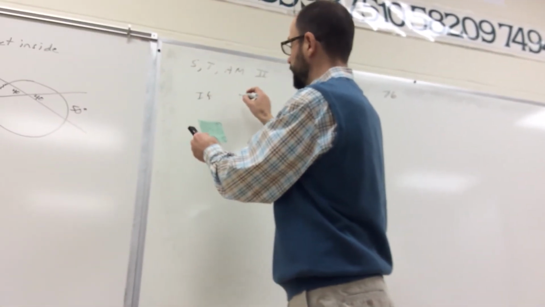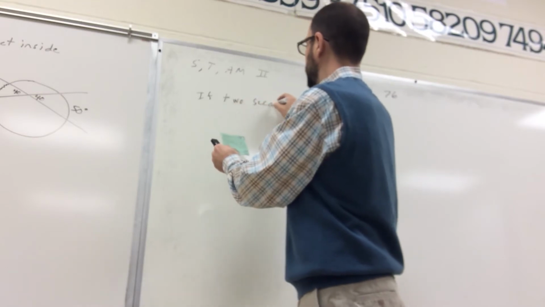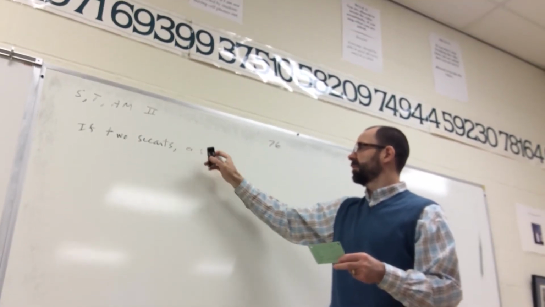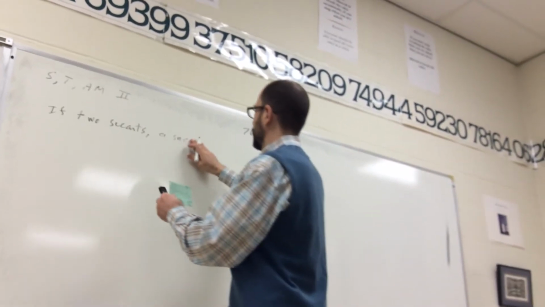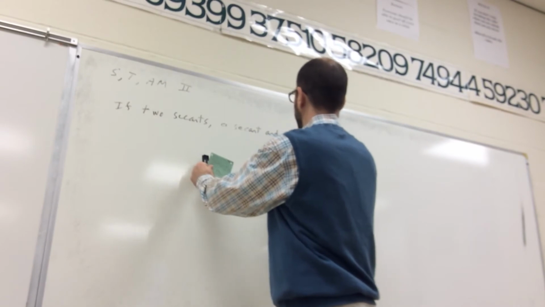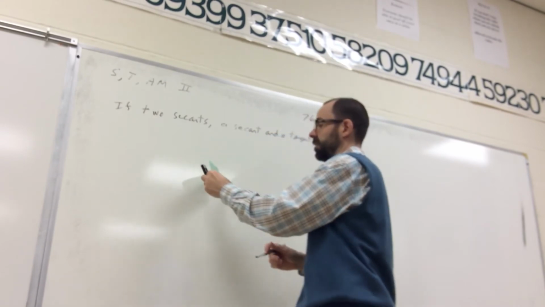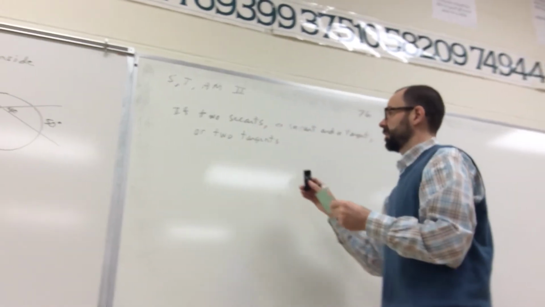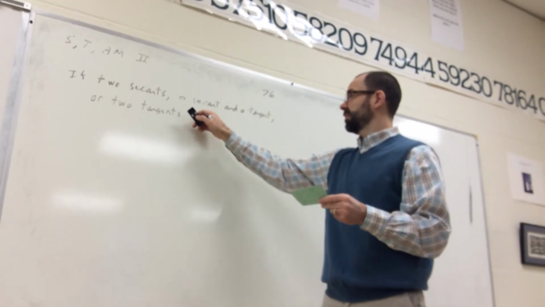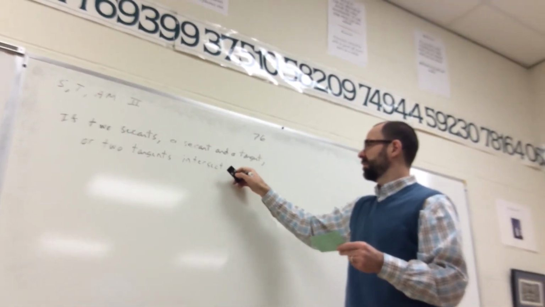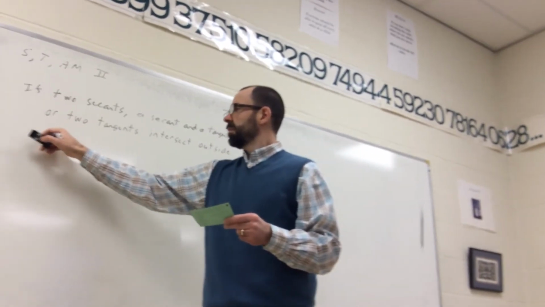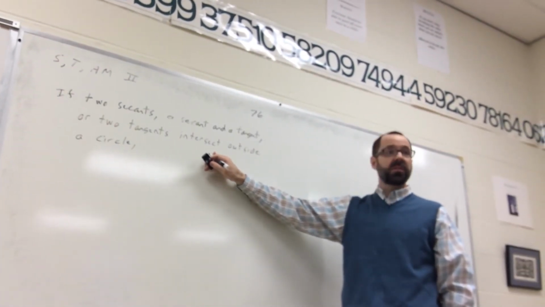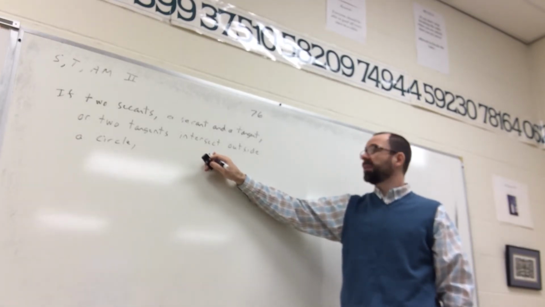So if two secants, a secant and a tangent, or two tangents intersect outside the circle.